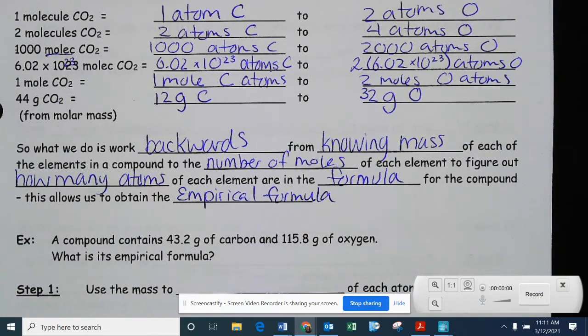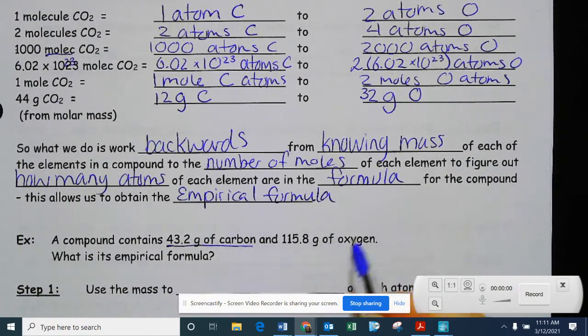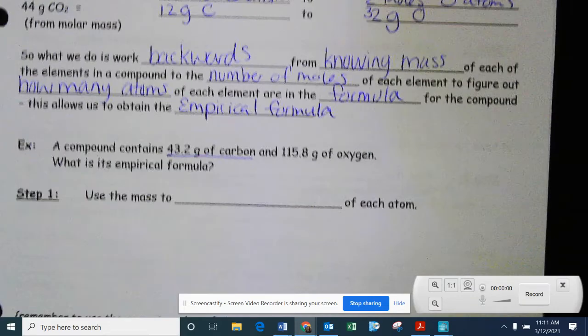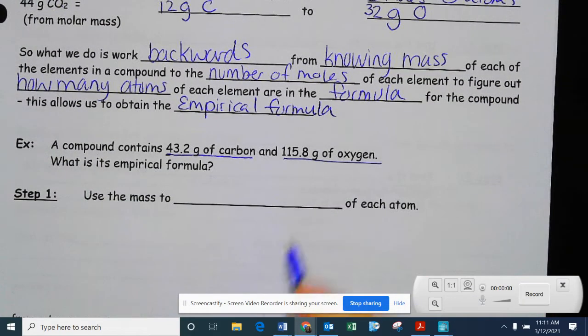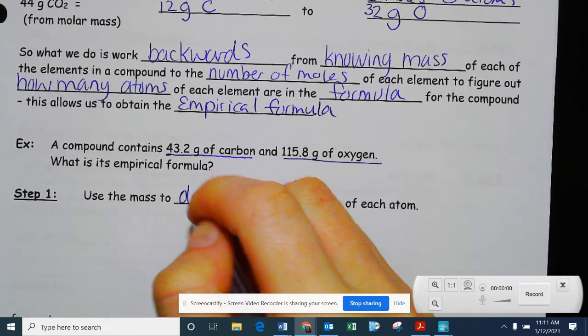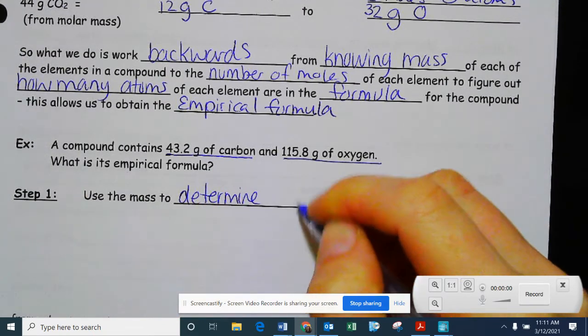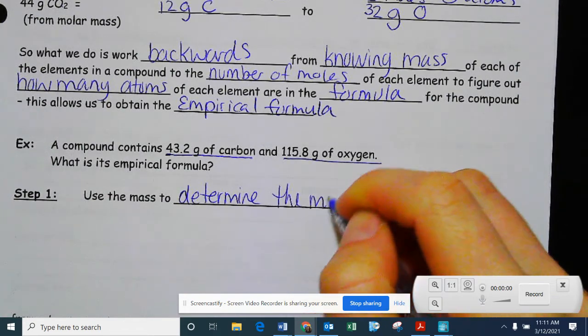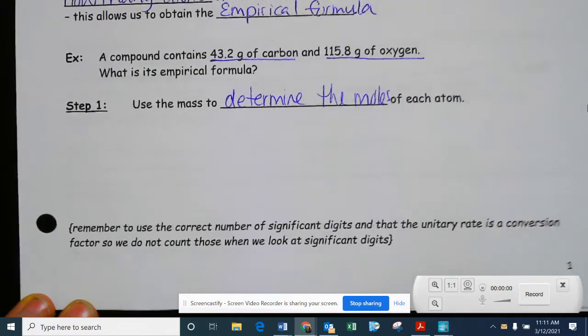An example: if a compound contains 43.2 grams of carbon and 115.8 grams of oxygen, we can use the mass to determine the moles of each atom, and we can get our empirical formula.